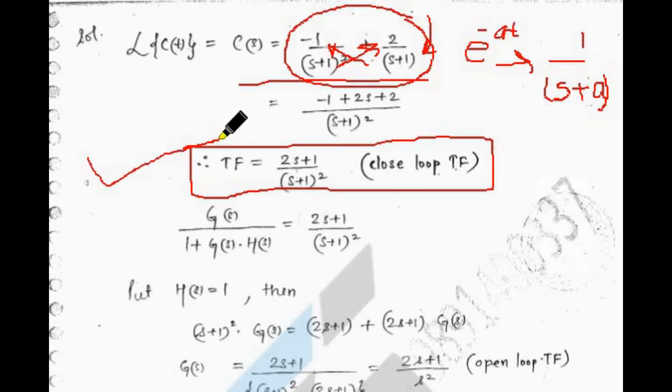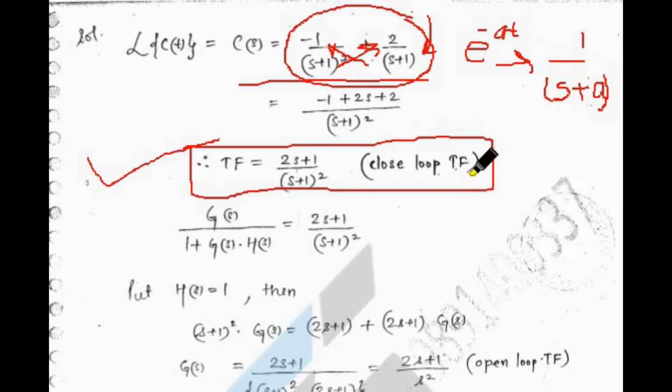How can I know? Because they have provided the impulse response to the total system, and they asked about the open loop system. So this answer came for a closed loop system, and now we have to convert this closed loop system into an open loop system.